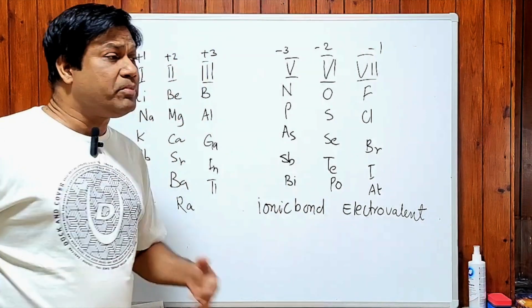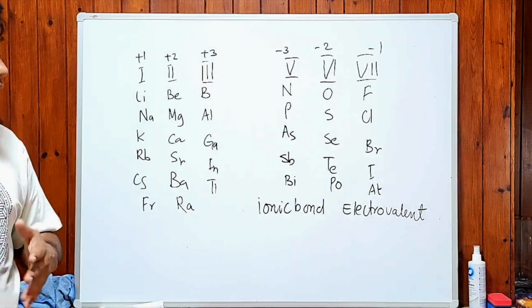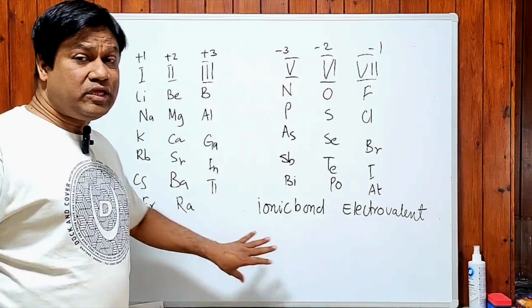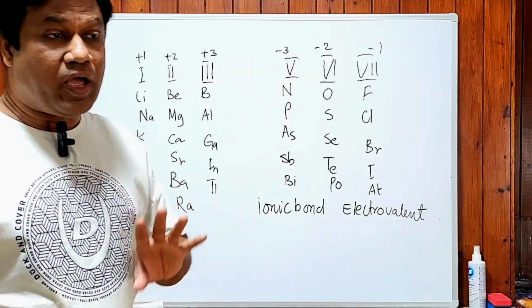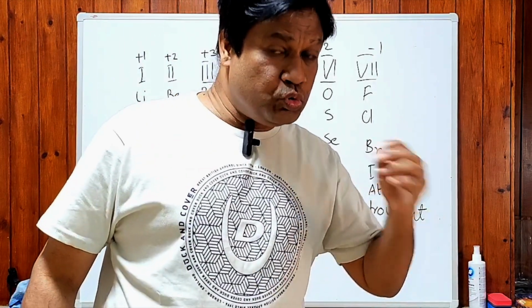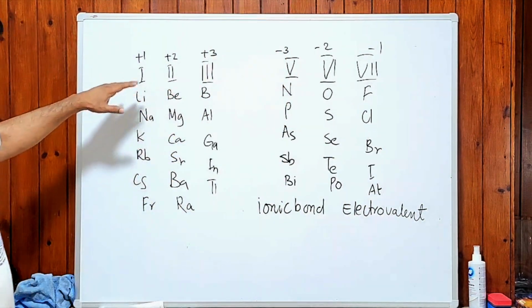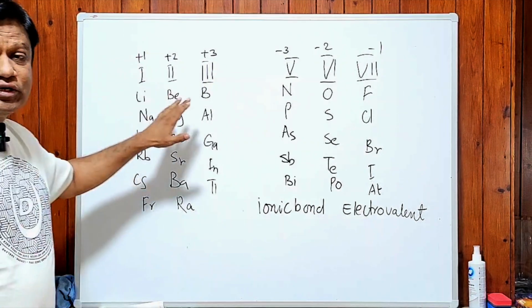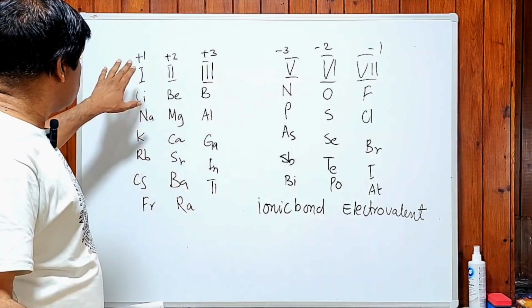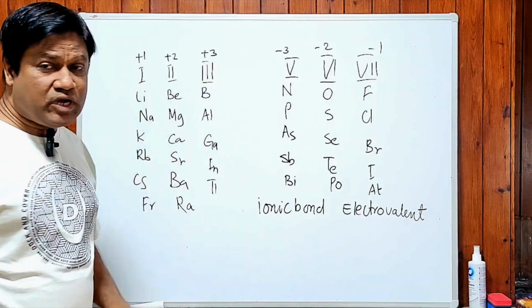Now, what is meant by the term electrovalency? Electrovalency is the ability of any element to lose electrons or to gain electrons. Look at that. Group 1 metals can give away an electron, they can lose one electron, so they get a positive charge.